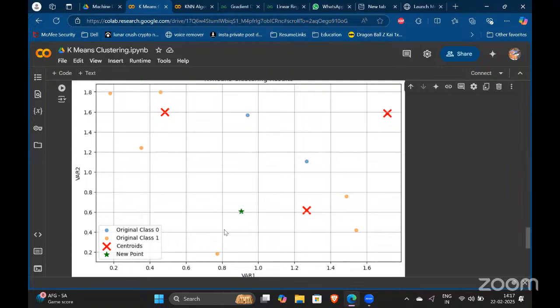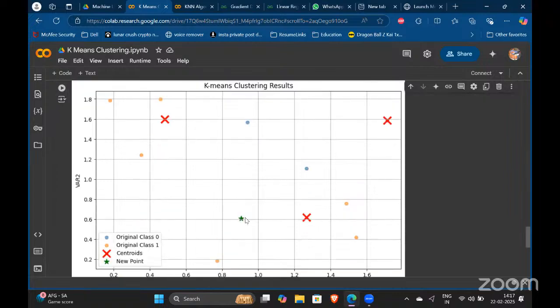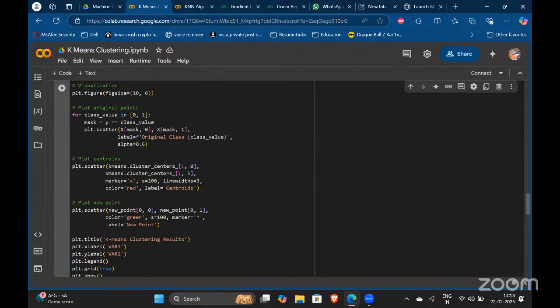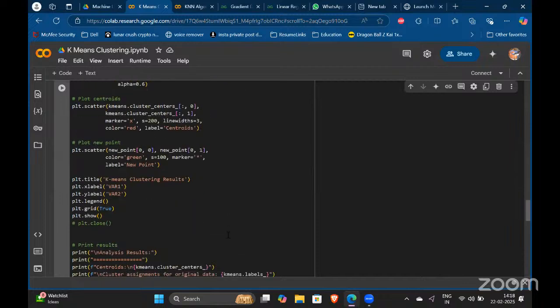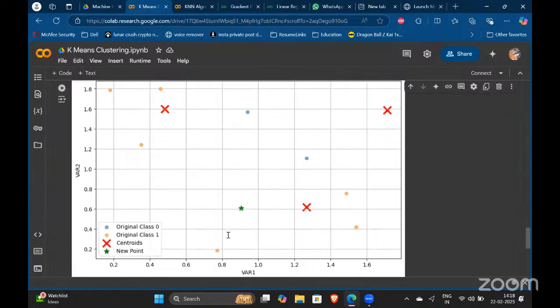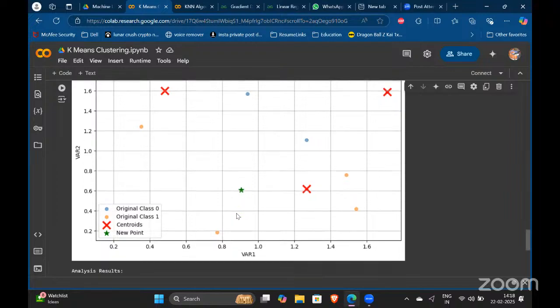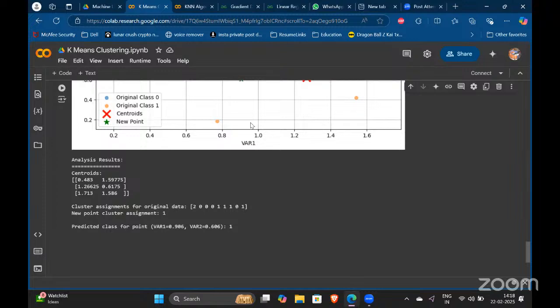So in this scenario, we have kept it here. And once we update this value to the predict function from the k-means clustering, it will try to predict to which cluster this belongs. Okay. So we have 3 clusters, and each cluster is named 0, 1, and 2. And after calculating this value, this belongs to 1. So here you can see that the new point cluster assignment is being assigned to 1.